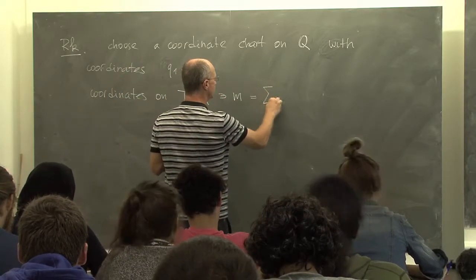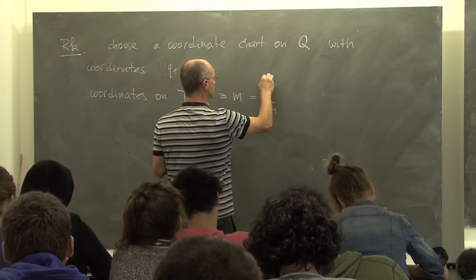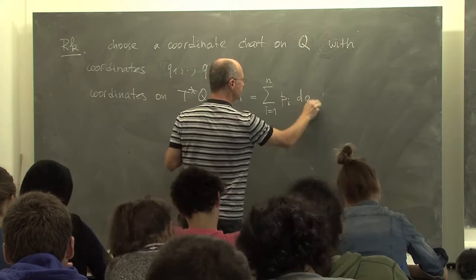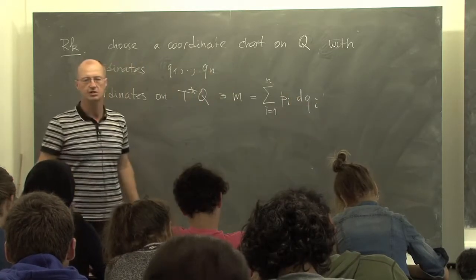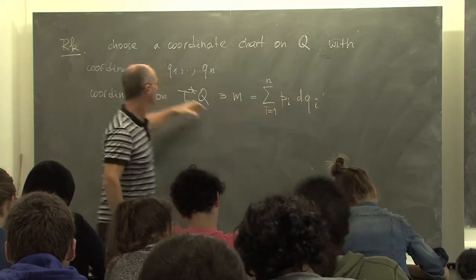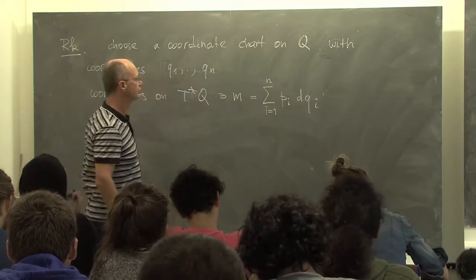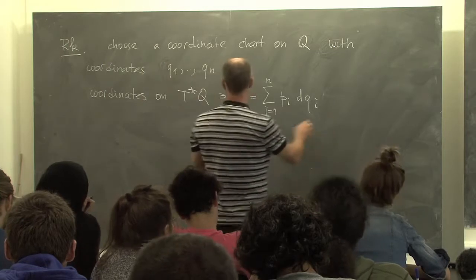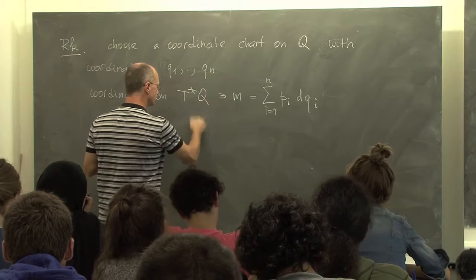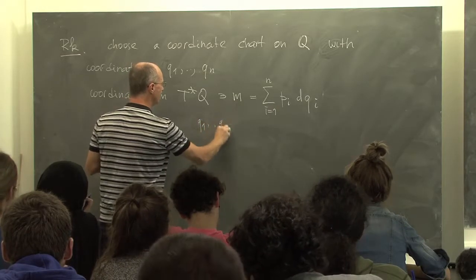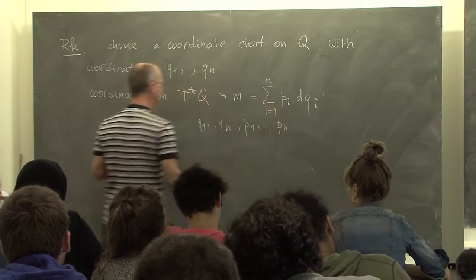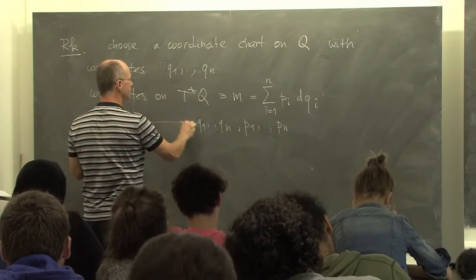We can write it as a sum of coefficients that we denote by P times the canonical differentials of the coordinates Q. And so the coordinates now will be Q1, Qn on the base, and P1, Pn in the fiber. So these are coordinates.